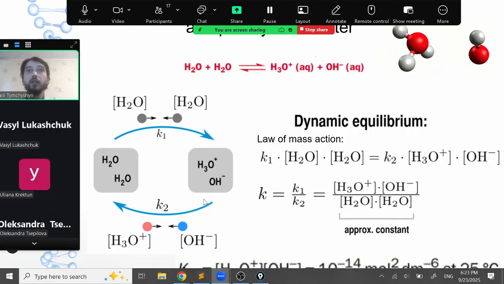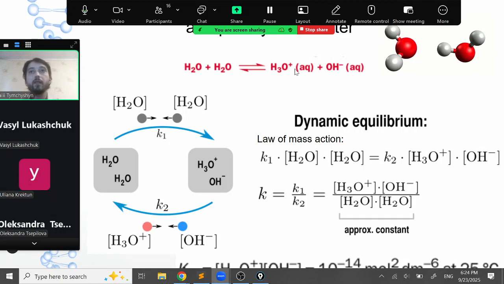And now we are concerned with the notion of dynamic equilibrium. A dynamic equilibrium means that some processes are going on in the solution, or whatever we are considering, but the overall result of these processes is that they compensate each other. So all the time some water molecules are transformed into these two ions, H3O plus and OH minus. It always happens.